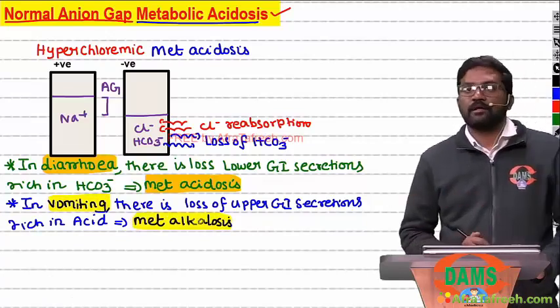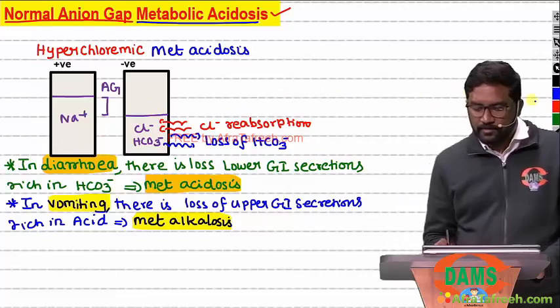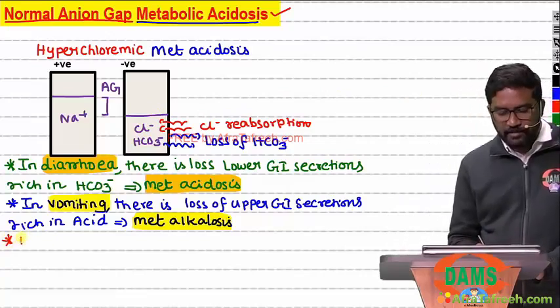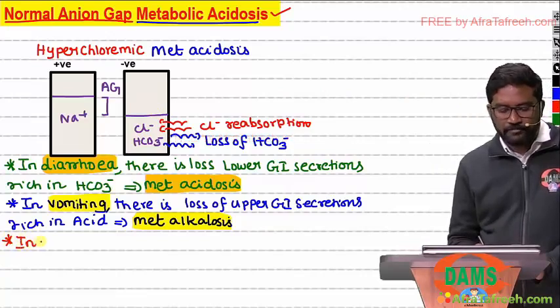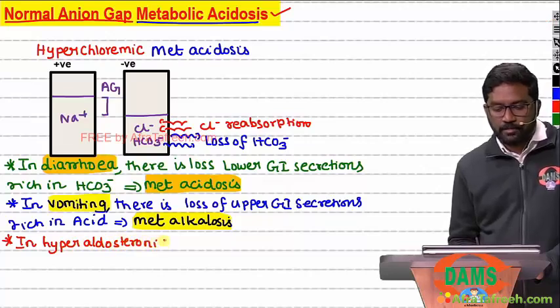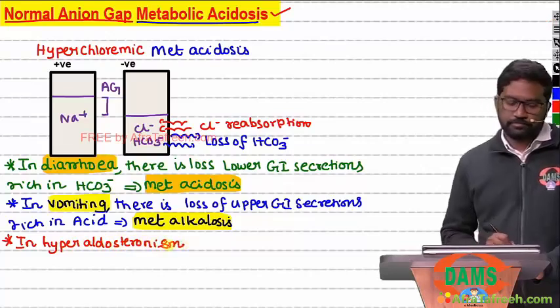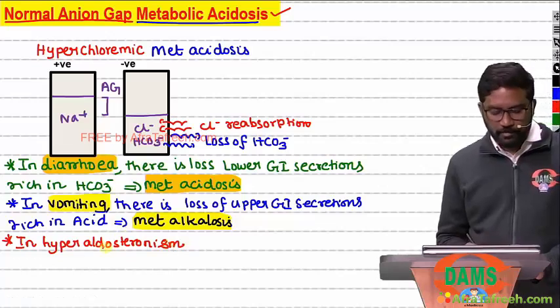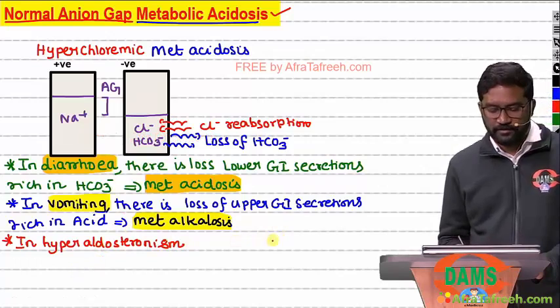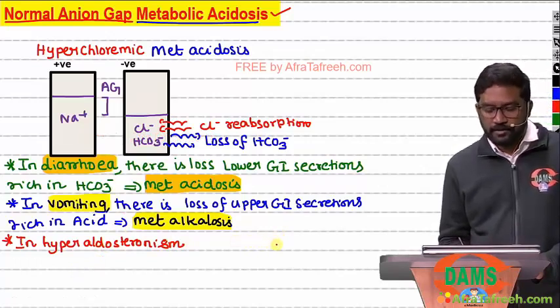Then the next thing that you need to know is what happens in hyperaldosteronism, and what can happen in hypoaldosteronism.